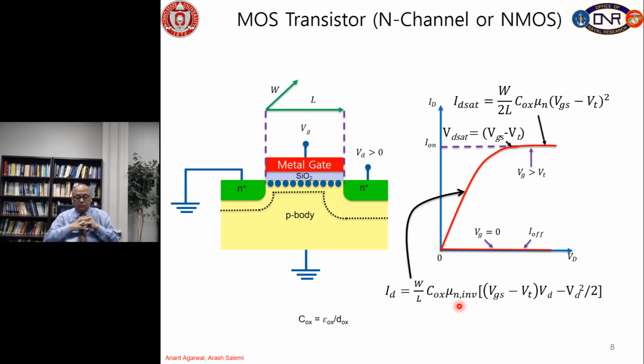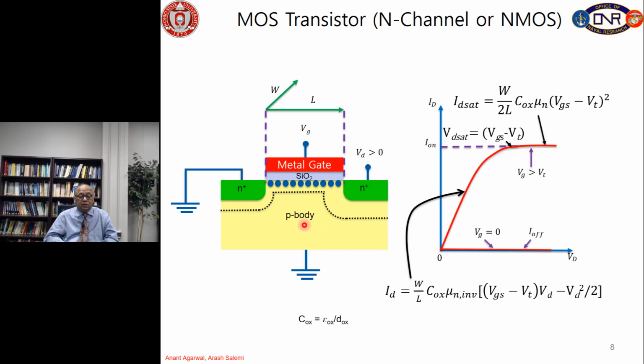Now, one word about the inversion layer mobility. In silicon, this value is roughly half of the bulk electron mobility in semiconductors, which we had studied in some early lectures.